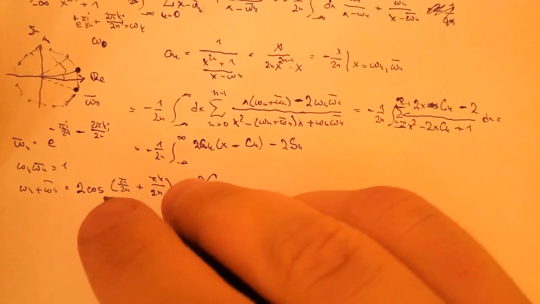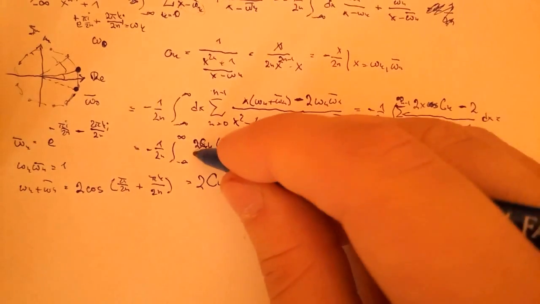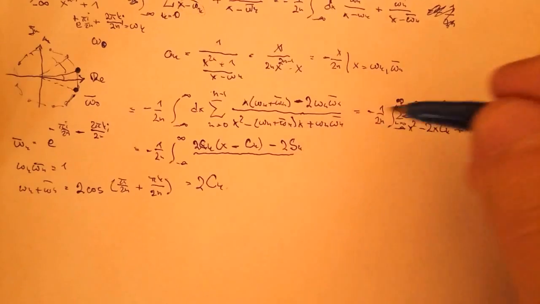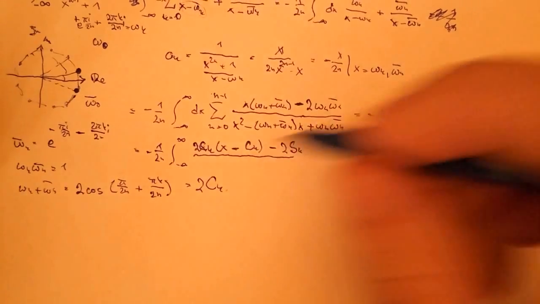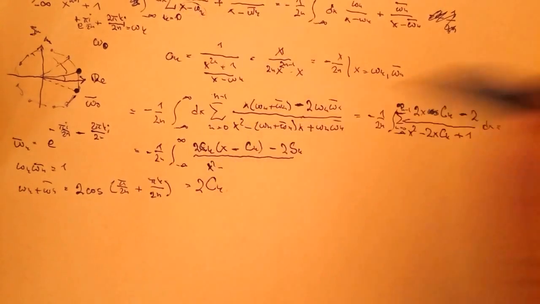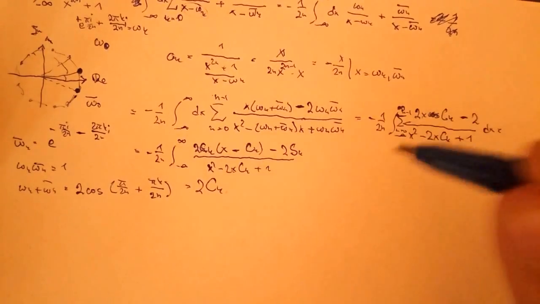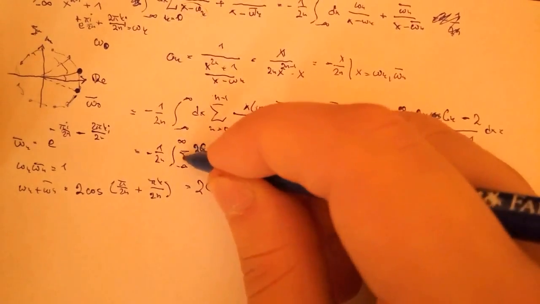Sk is the same as this, but with sine, because cosine squared plus sine squared is 1. So this is minus 2, over x squared minus 2x cosine k plus 1 dx, and I forgot the summation again.